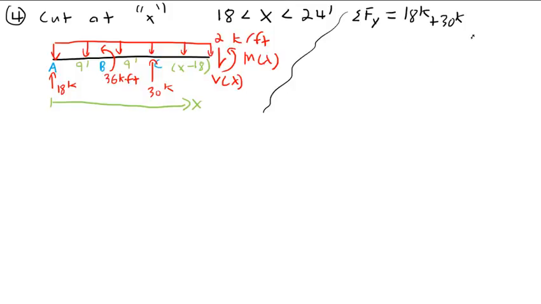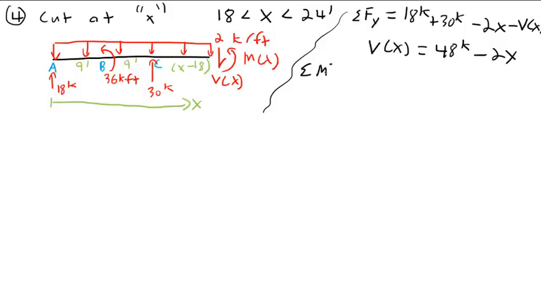These are both of our reactions. Minus 2x minus v of x equals 0. And v of x is equal to 48 kips minus 2x, like so.